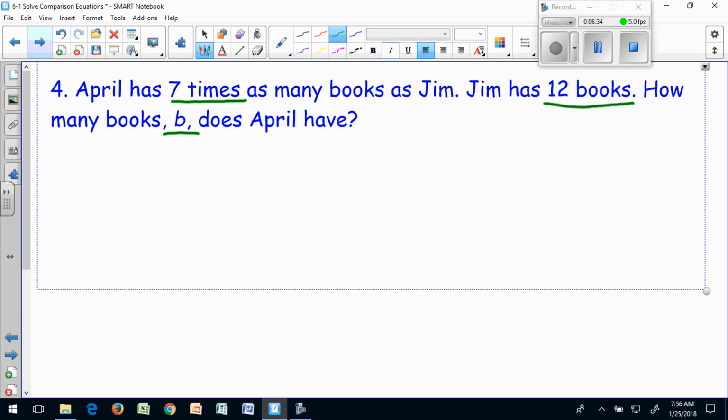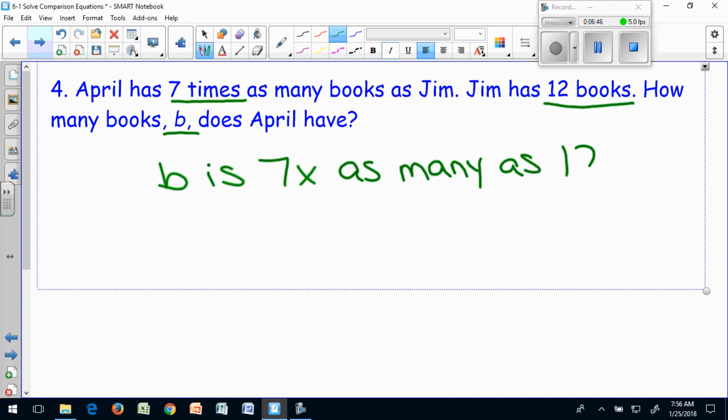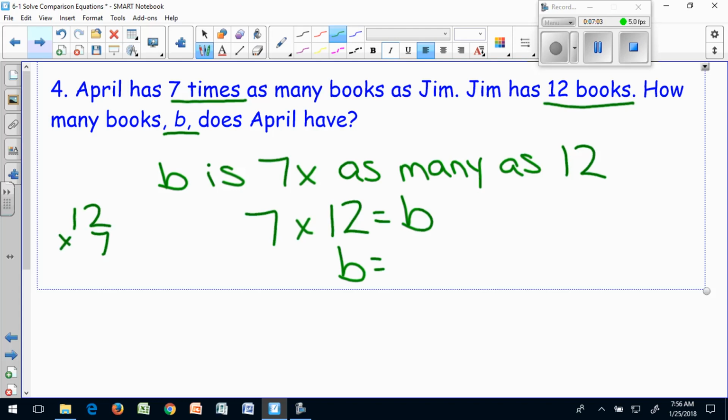I'm going to write that B is 7 times as many as 12, which then I can turn into my equation. 7 times 12 equals B. You can pause the video and solve that on your own and see if you can tell me what B is. You should have gotten that B equals 84 books.